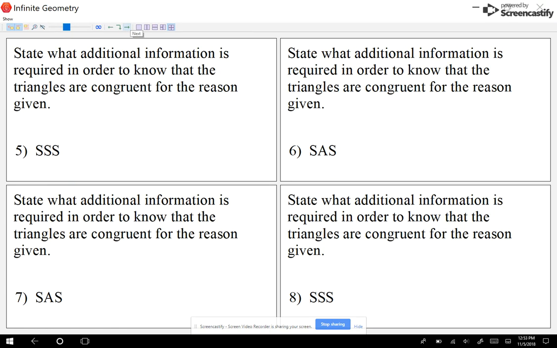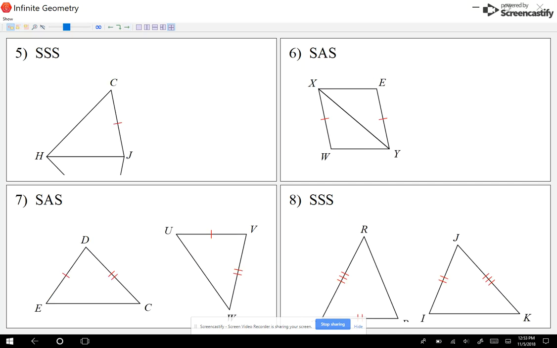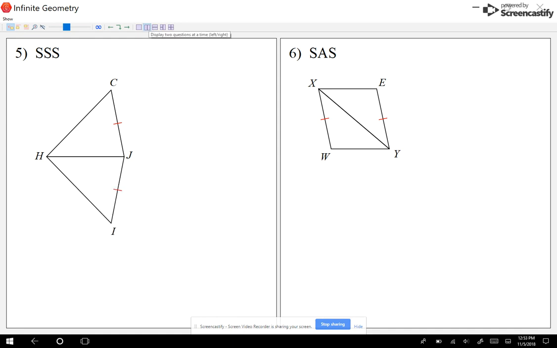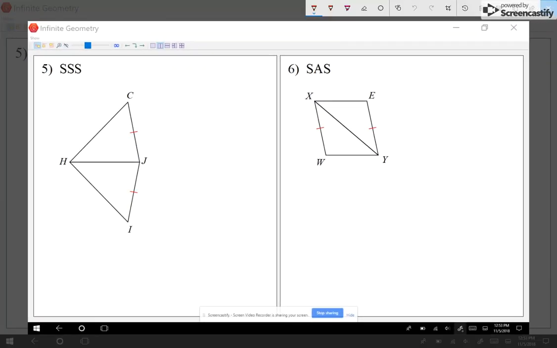Now, questions number 5 through 8 on my example. State what additional information is required in order to know that the triangles are congruent for the reason given. What I'm doing on here is, I'm going to give you your triangles, and let me do 2 at a time. I'm going to give you guys a rule. From the 3 marks that you're supposed to have, I'm giving you 2. I'm going to ask you guys which one's the one that you need.